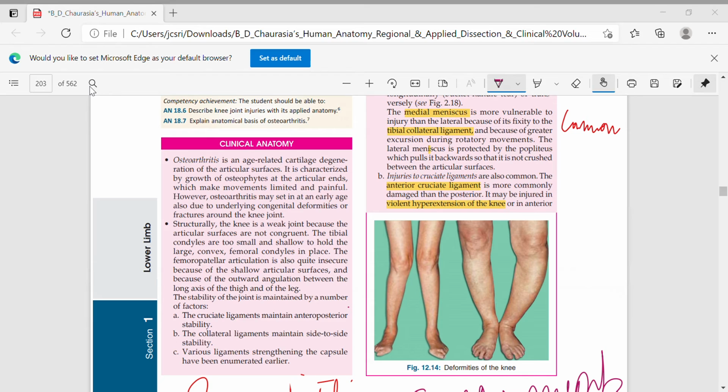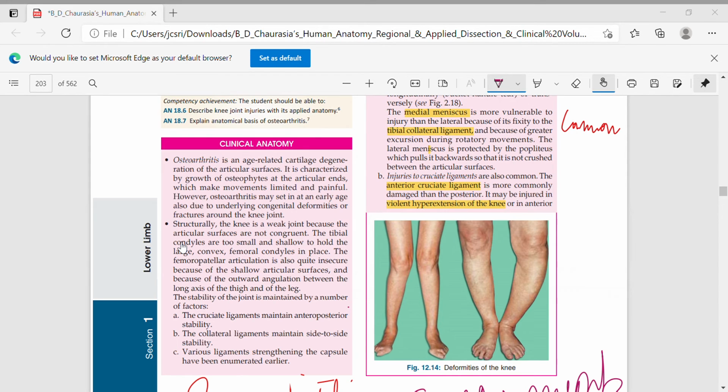Carpet layer's knee is due to the infrapatellar bursitis, also the patellar tendinitis. So due to this position, what happens? There will be infrapatellar bursitis, patellar tendinitis, and osteoarthritis. This you should know.